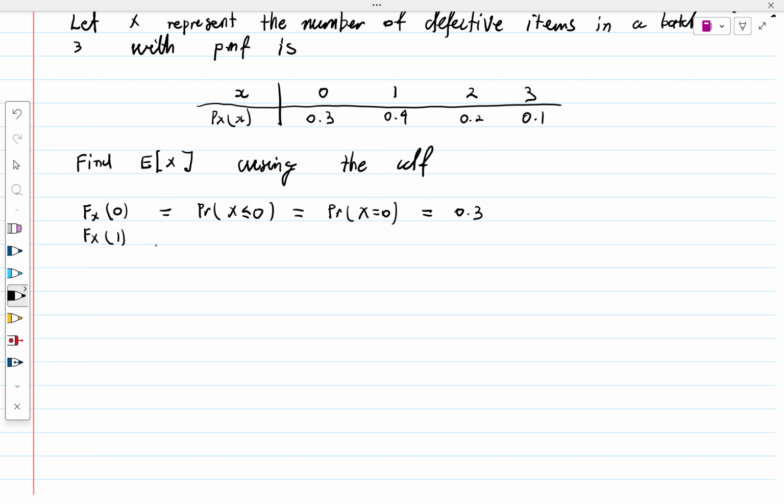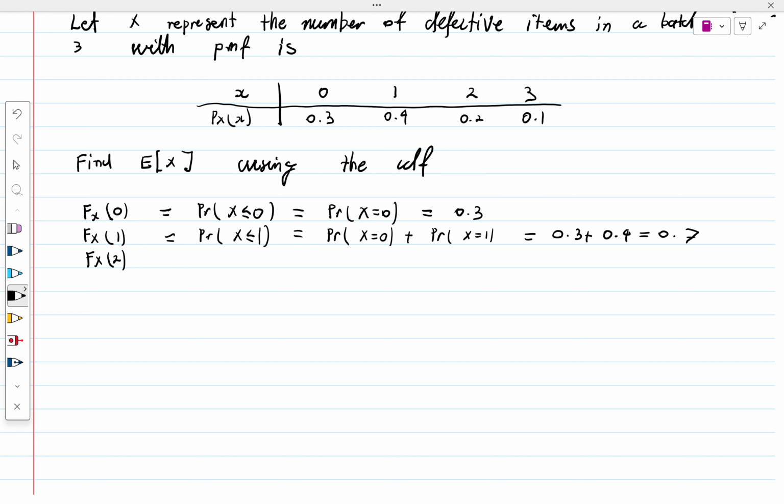F_X of 1, by definition the probability X is less than or equal to 1, is equal to the probability that X equals 0 plus the probability X equals 1, which is 0.3 plus 0.4, which is 0.7.